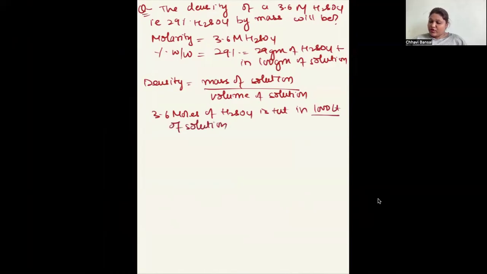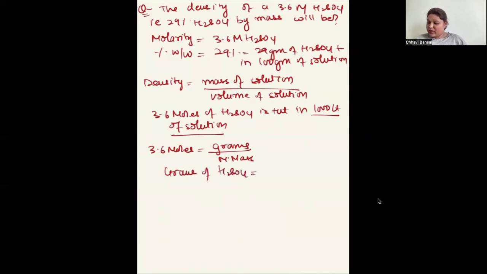So the volume of solution we know, which is 1000 ml. Now 3.6 moles means grams divided by molar mass. So what are the grams of H2SO4? Grams of H2SO4 is 3.6 times the molar mass, 98. So 36 into 98 by 10 will be the grams of H2SO4.